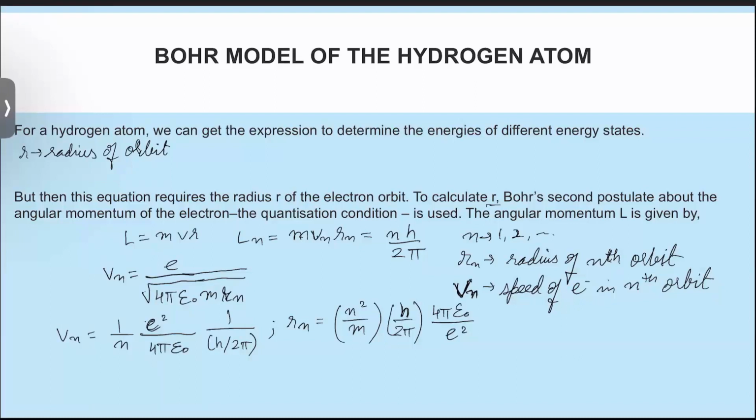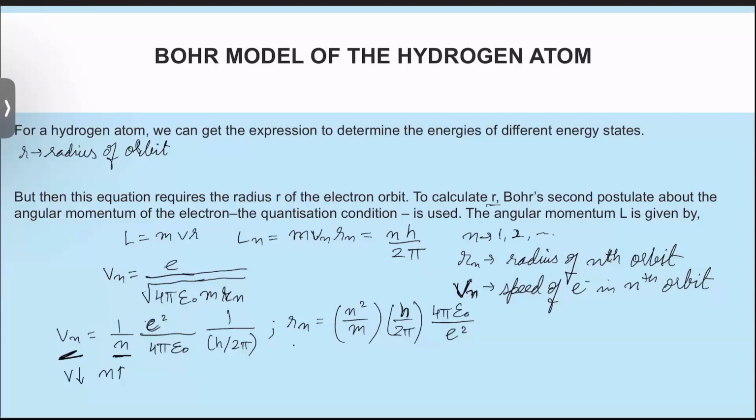Now vn gives the orbital speed in the nth orbit, and you can see that it falls by the factor 1 by n, so the speed will decrease with an increase in n.